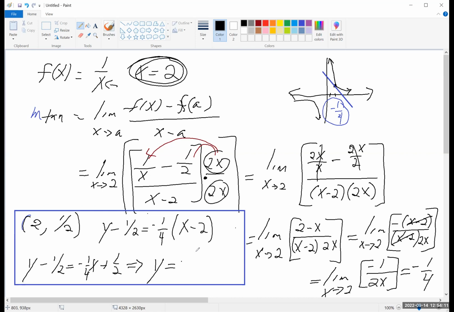So that becomes negative 1/4 x plus 1, because if I add a 1/2 to both sides, I get a 1. And so therefore, that would be my final answer. Not the slope of the tangent line, but the equation of the tangent line is what I'm looking for.